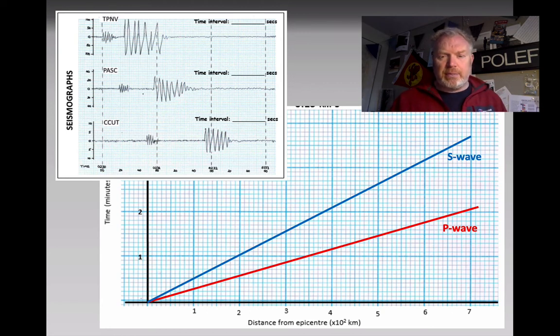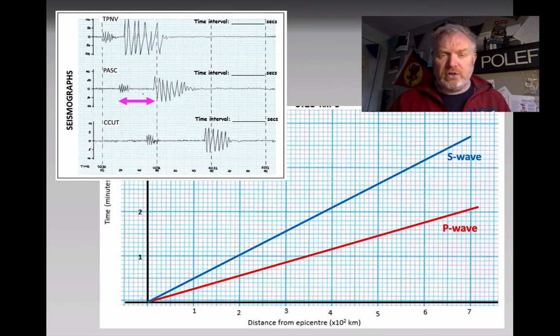We can see the gap between the P waves and S waves on these graphs with this time gap that I've highlighted in pink there. The P wave is the first one to arrive. You can see it's not very big. Sometime later the S wave shows up, causes more shaking, but that gap in time we can measure.